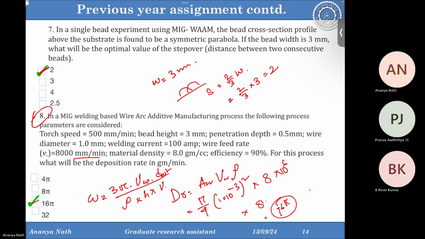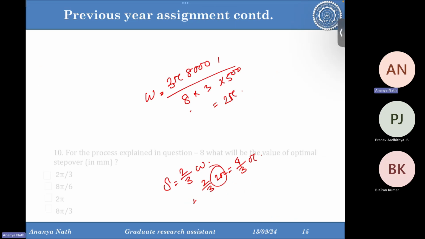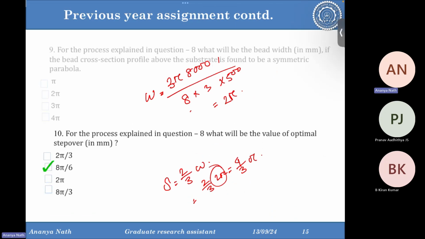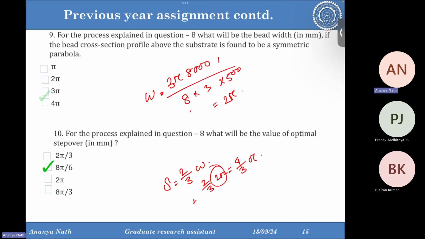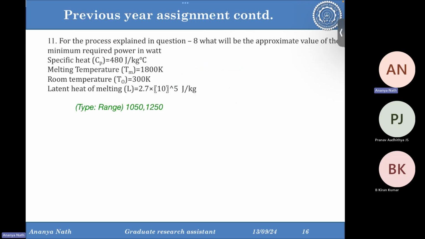This is the formula, from which we have determined the answer to be 2 pi. And from 2 pi, you can put the value here and get 8 pi by 6.